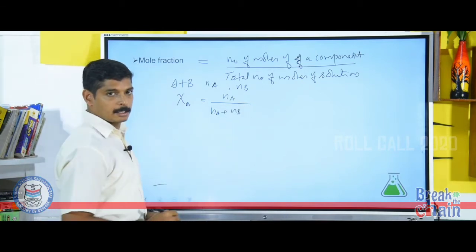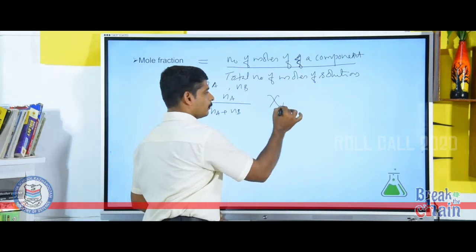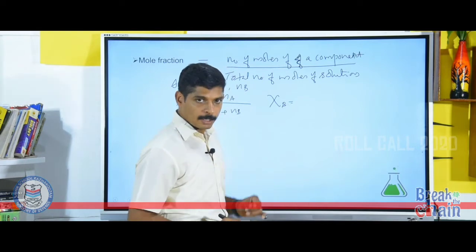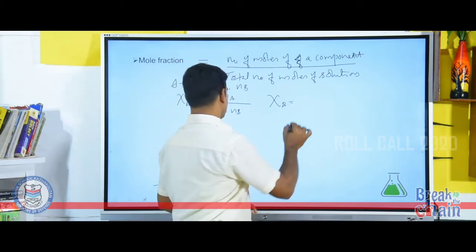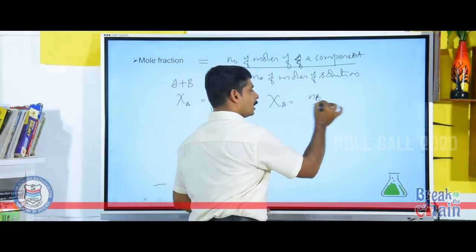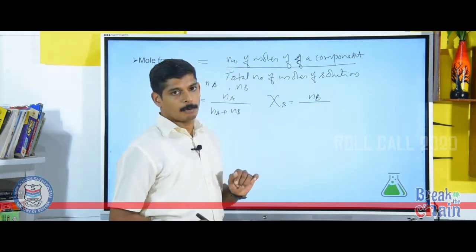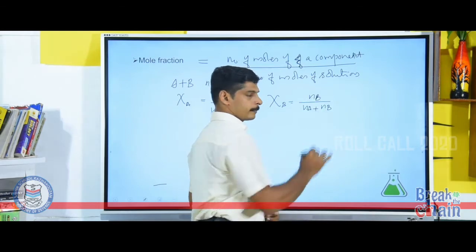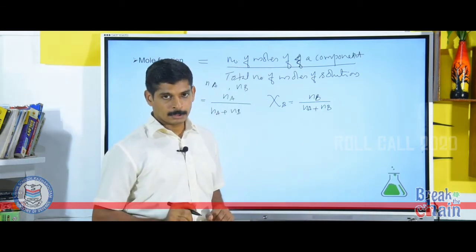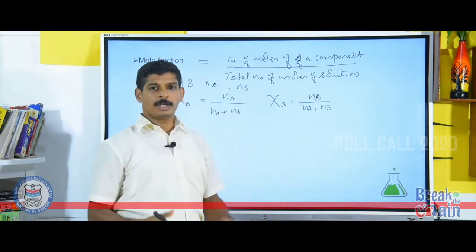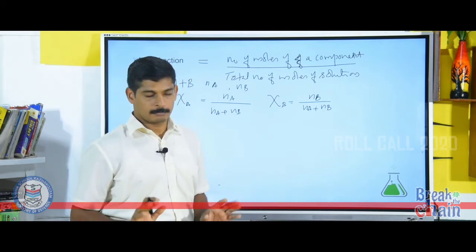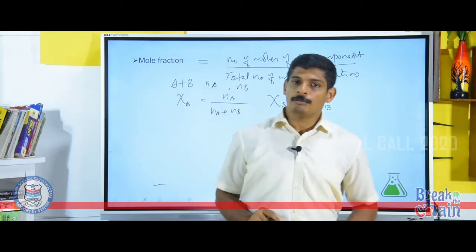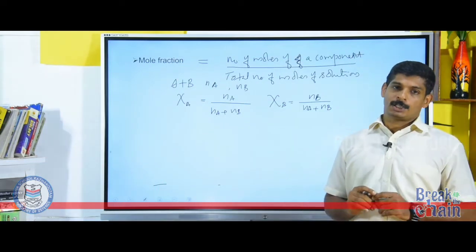Similarly, can you write in terms of B? Chi B, or mole fraction of the component B in the solution, is equal to Nb, that is number of moles of that particular component, divided by Na plus Nb. Is it okay? Clear? If you have n number of components, you can do this, nothing wrong. Now, the question is, what would be the sum of the mole fraction of all the components present in the solution?